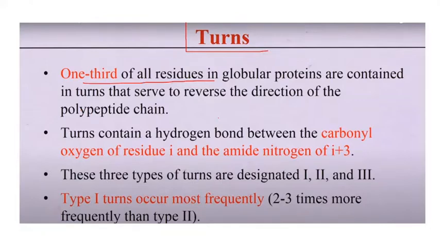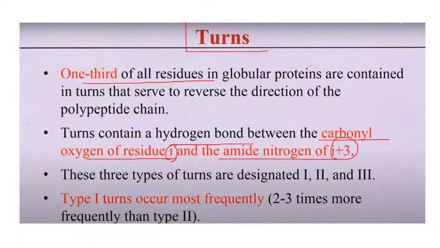See guys, turns contain hydrogen bonds between the carbonyl oxygen of residue I and the amide nitrogen of the I plus 3 amino acid, the third amino acid from I. So I is the amino acid from where you are counting the hydrogen bond, and not like the alpha helix, it is I plus 3.